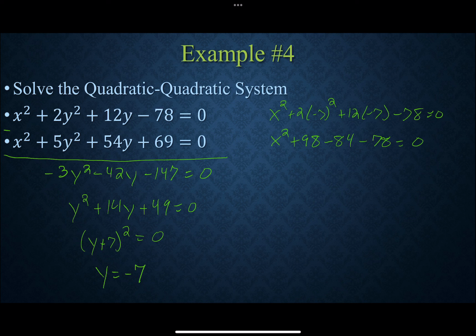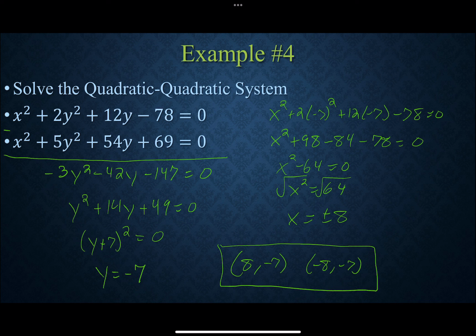And then obviously we have the negative 78 there at the end. So 98 minus 84 minus 78 is negative 64. So we're going to get two values for x, a positive and a negative 8. So those are two solution scenario. We have 8 comma negative 7 and negative 8 comma negative 7 when these two ellipses intersect each other.